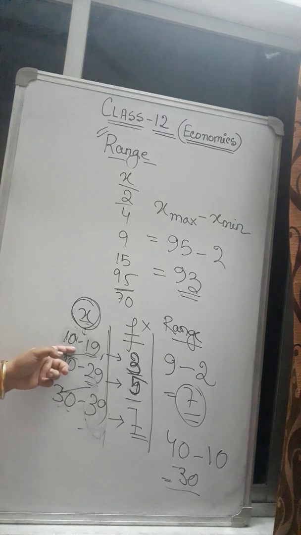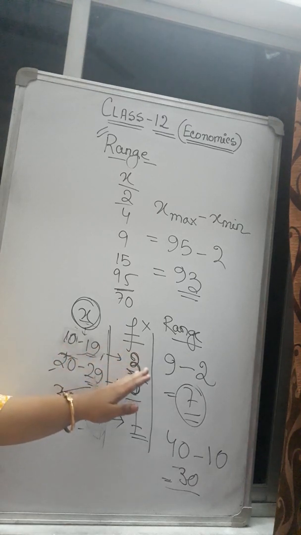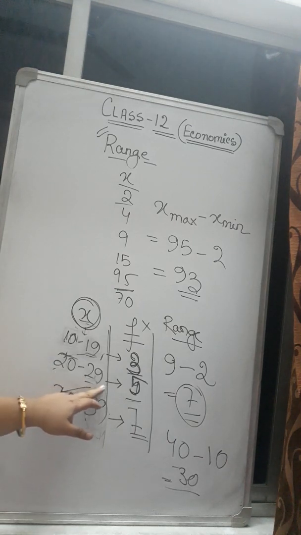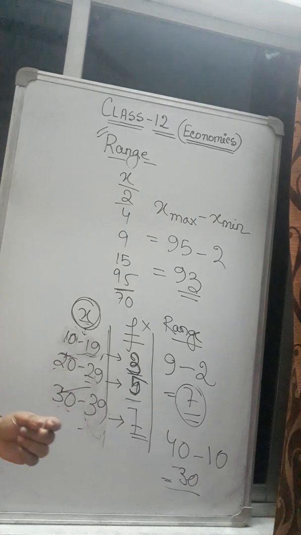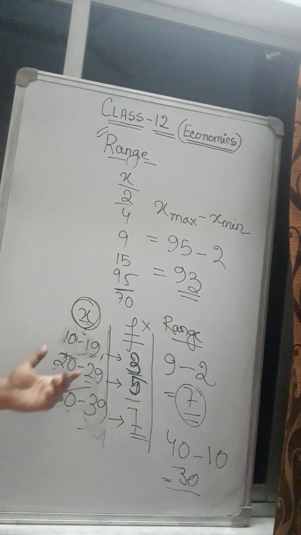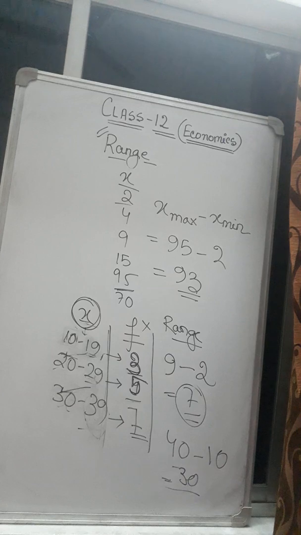Here we include only till 19. So students who are getting till 19 will be covered over here, and students who are getting from the next number, 20 to 29, will be covered. 19.5 marks, which lies between 19 and 20, is not included in any of the classes. So what can be done?